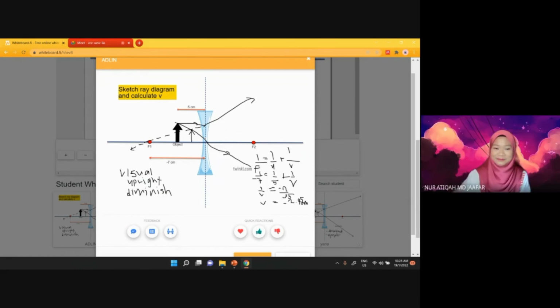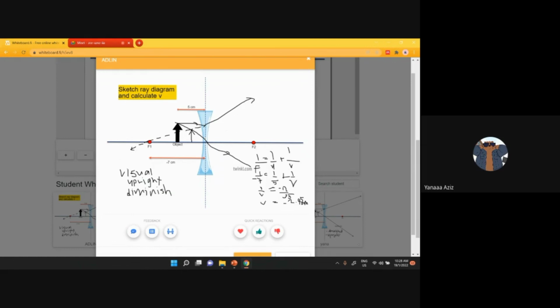The calculation also correct, same with me. I got negative 2.92 centimeters, and the image characteristic I also get the same as Adeline. Okay, thank you, Liana.